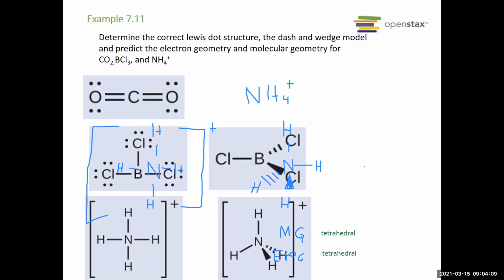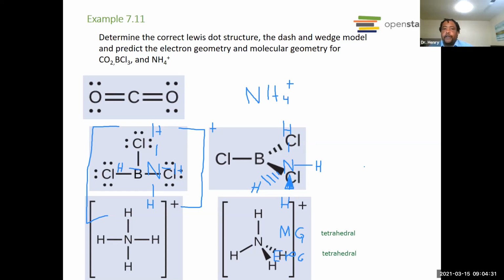Wait, Dr. Henry, I have a quick question. For EPG, would you just count the bonds to figure out the structure? Like, let's say there's 3 bonds connecting, you would tell that it's trigonal planar, for instance. Yep.